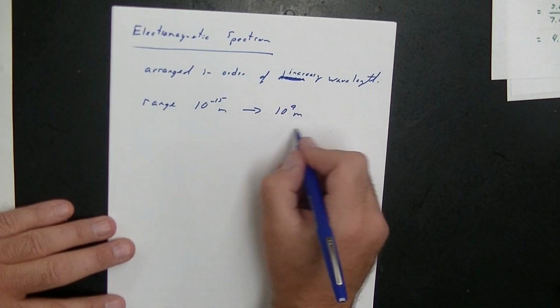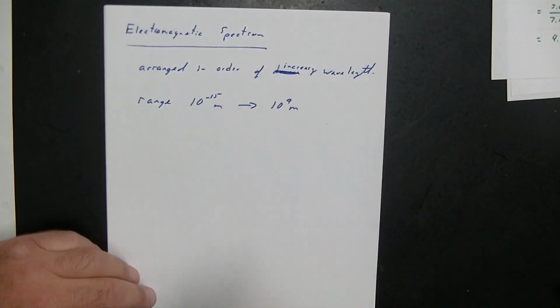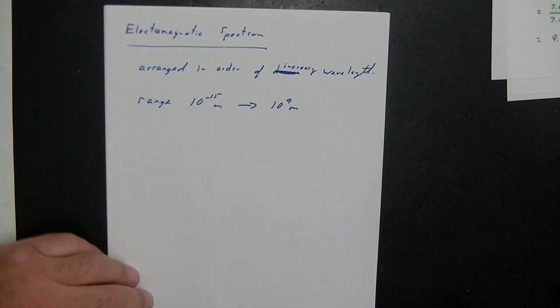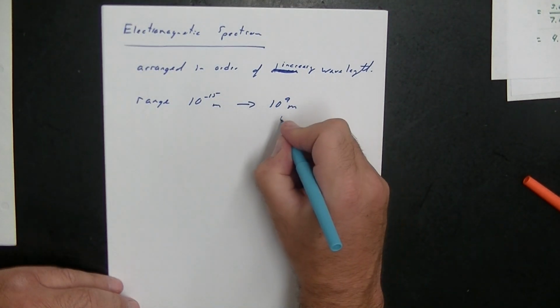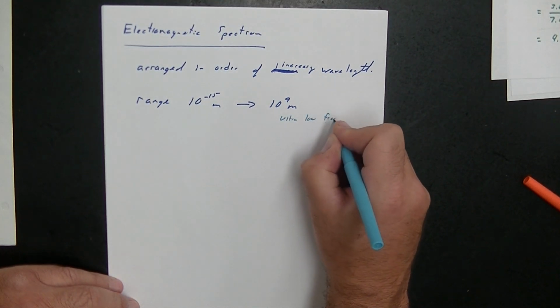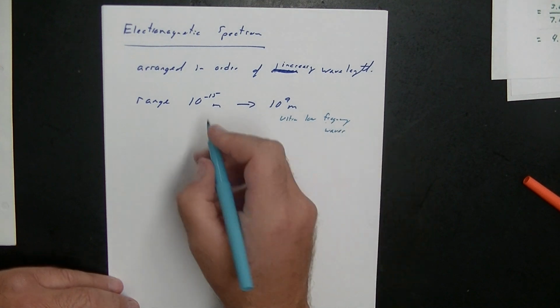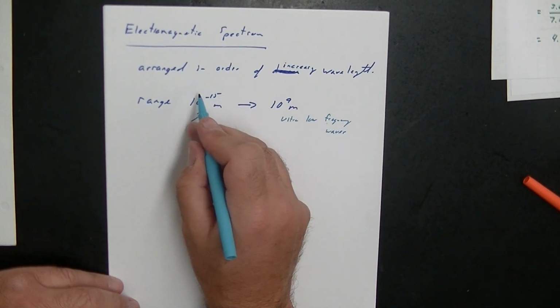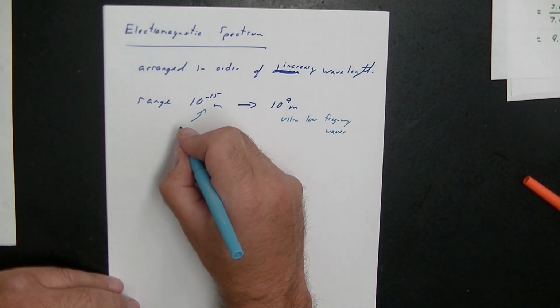These are really long wavelengths, and these are ultra low frequency waves. And if we're in this wavelength, we're talking about gamma rays.